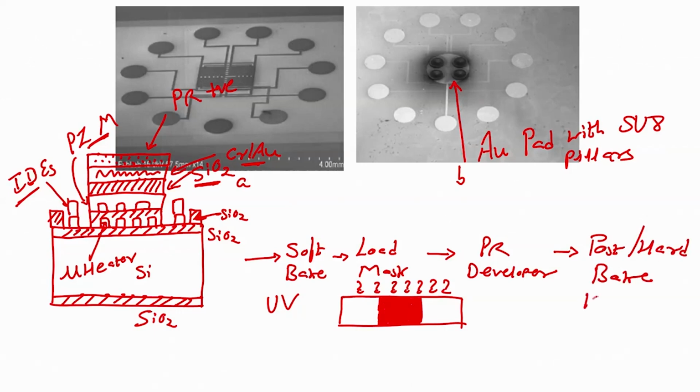Post bake or hard bake is done at 120 degree for 1 minute on hot plate, right. After post bake, what is the next step? Next step would be I will etch chrome gold from the unwanted region.